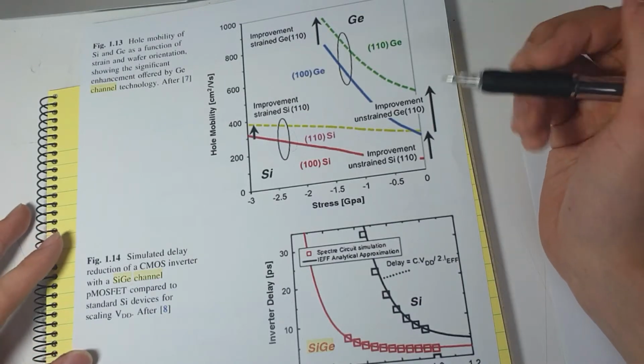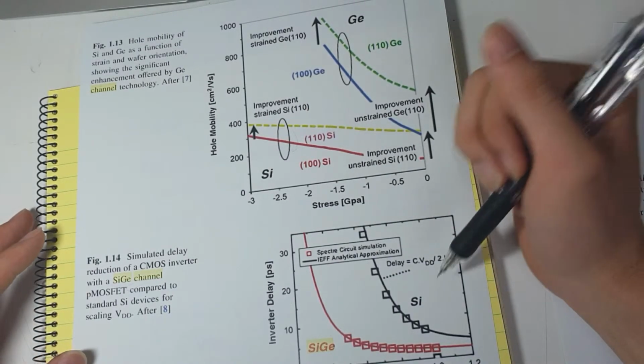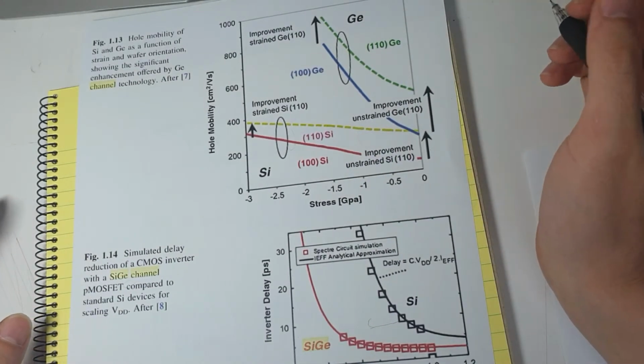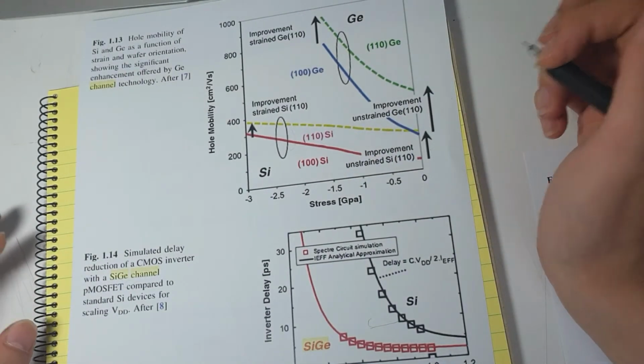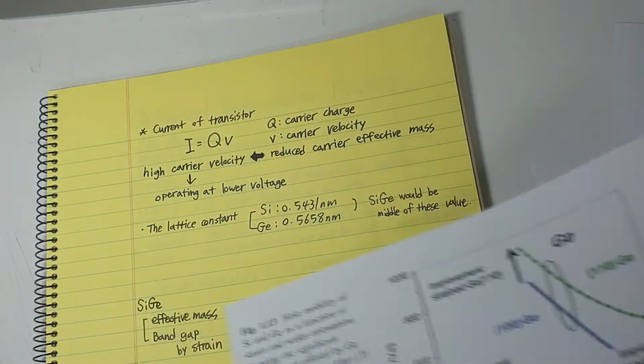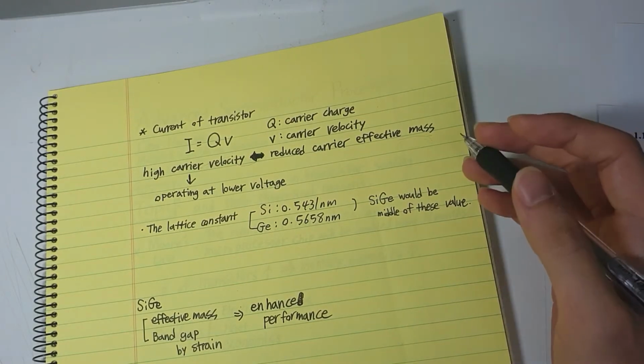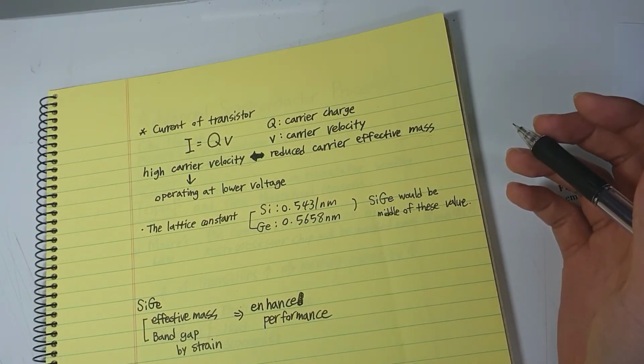You can see that silicon germanium is faster than silicon for a PMOSFET channel. So the effective mass and band gap changes from strain in silicon germanium can enhance performance.